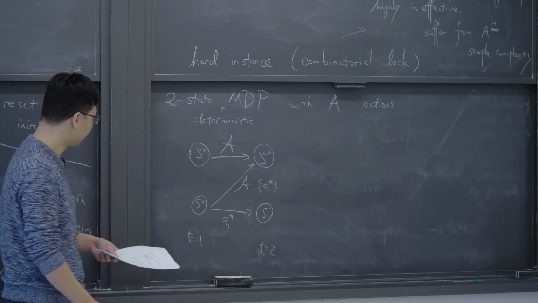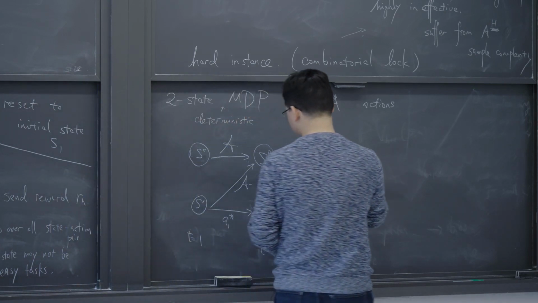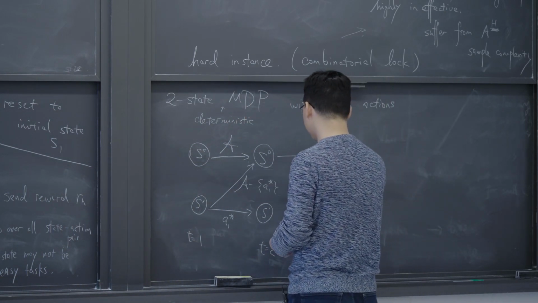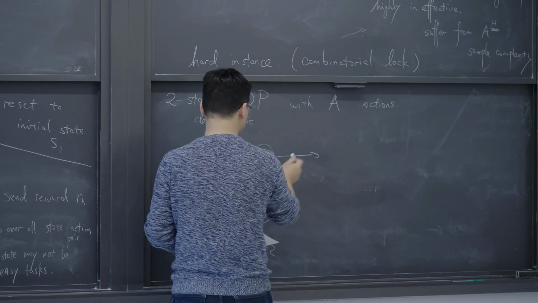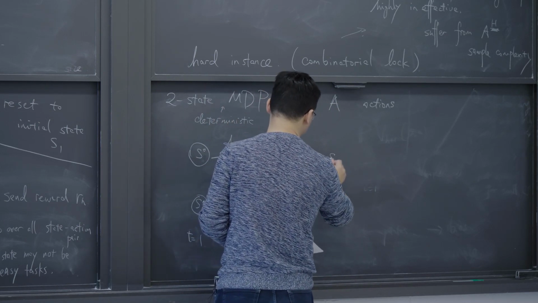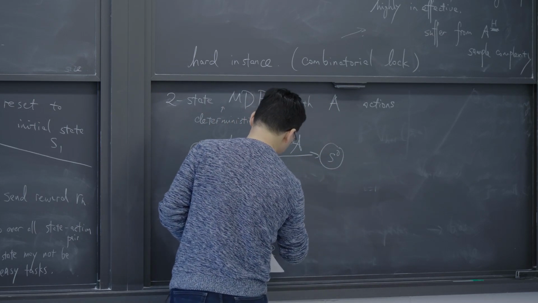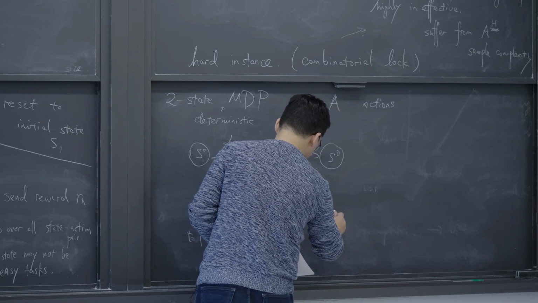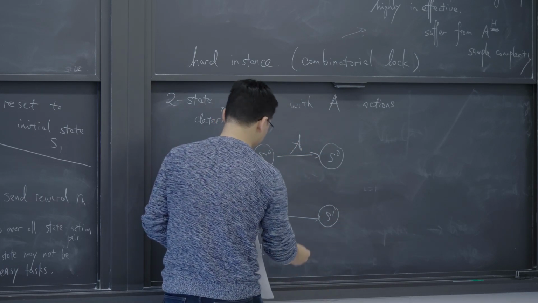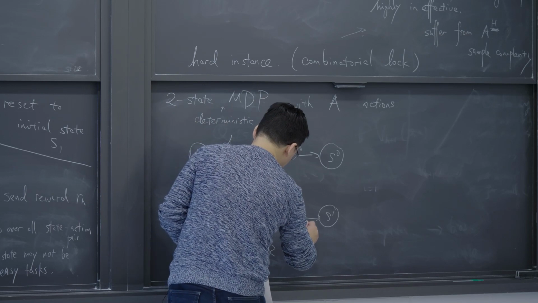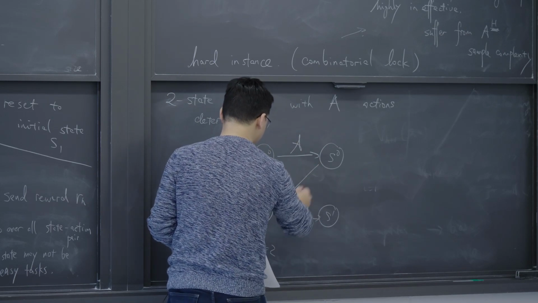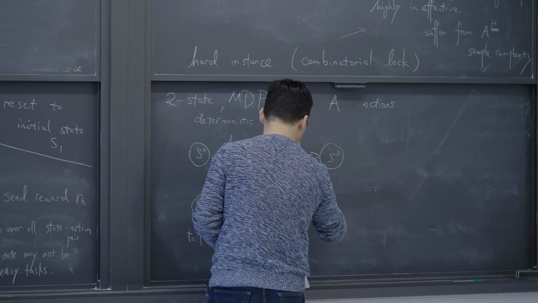So we're going to duplicate this structure H times. When we are at this state, whatever action I take, I'm going to land in this state as well. And if I'm at this S1 state and I take another action, A2 star, that will land me here, and whatever other action I take goes back to S0.